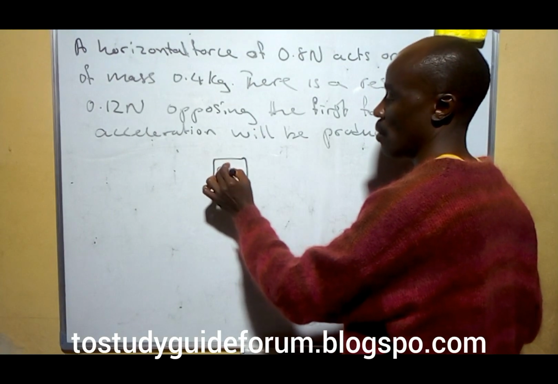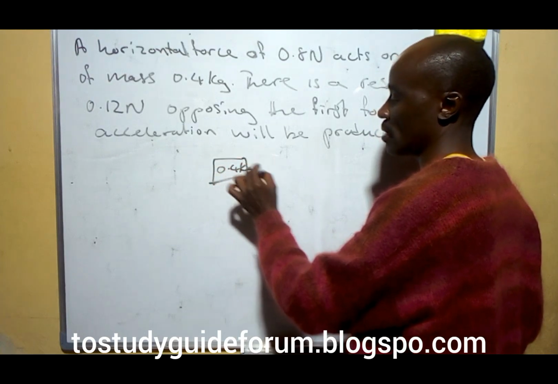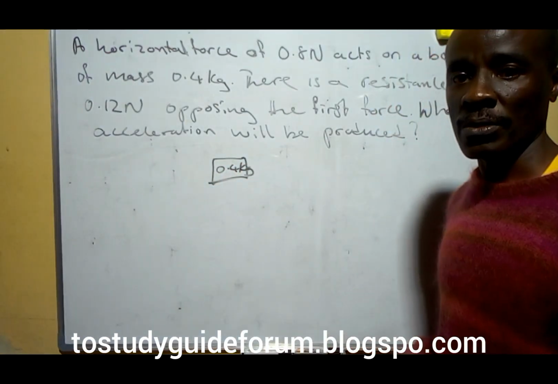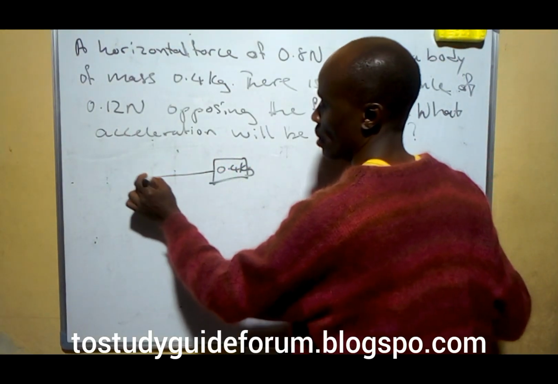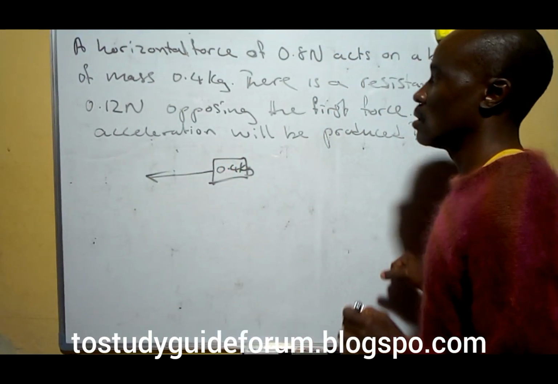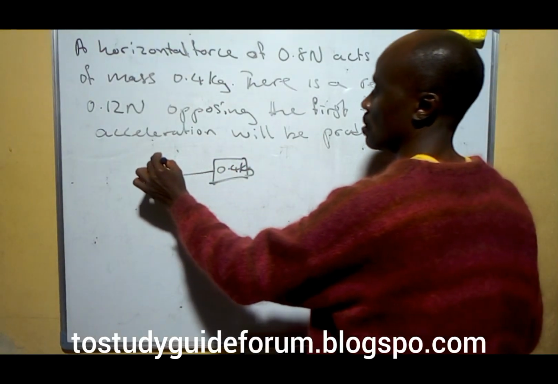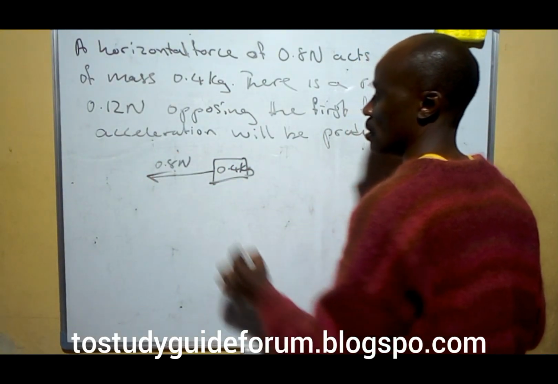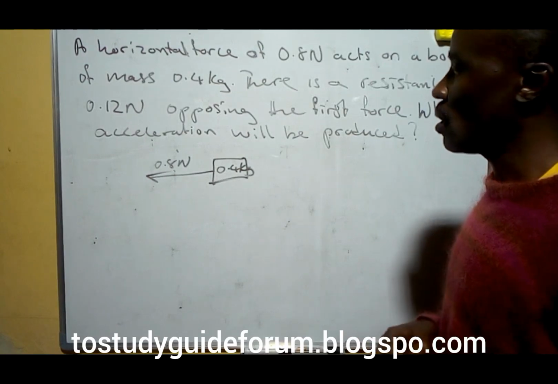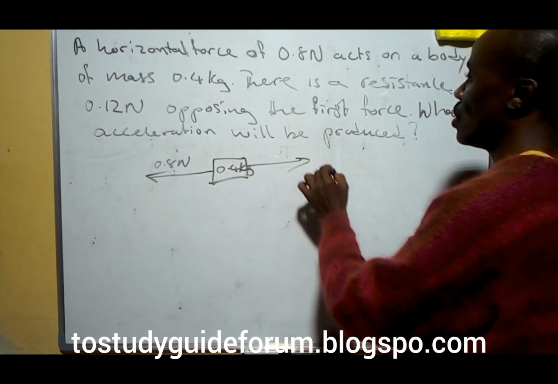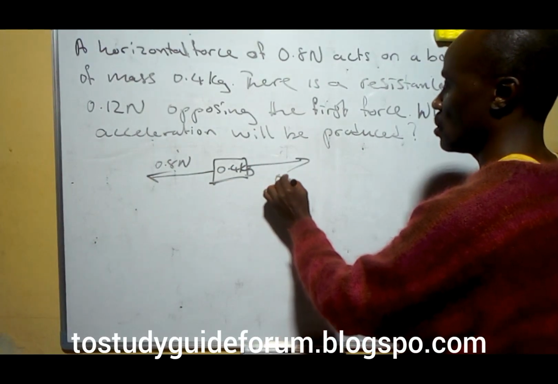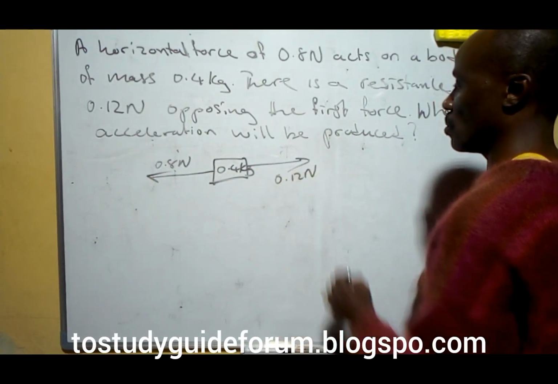We have 0.4 kg, the mass, the object in question, and the force acting on it, the force of 0.8 Newton, is heading this way. The one that is opposing it is going the opposite direction, which is 0.12 Newton.